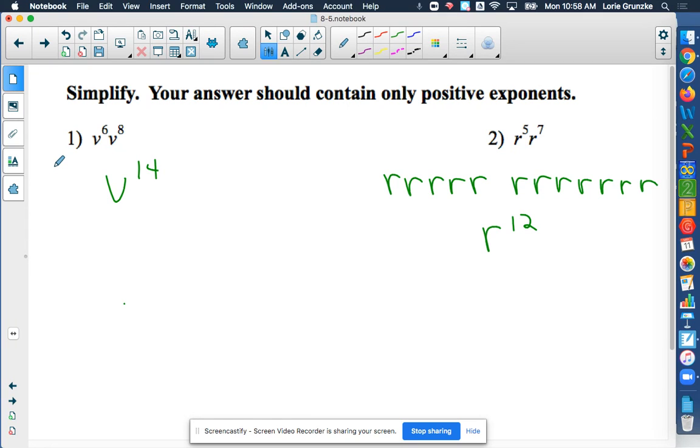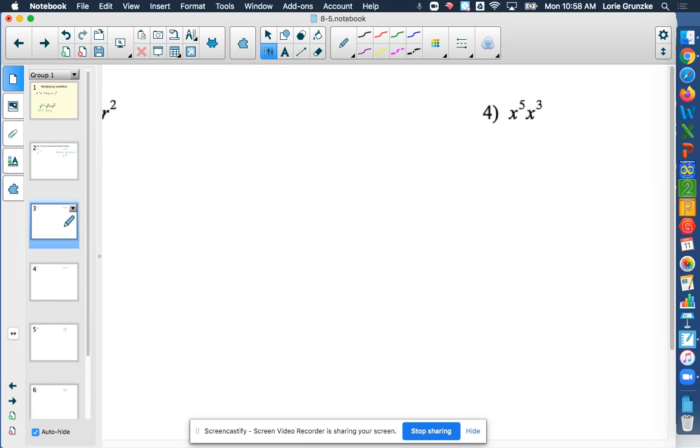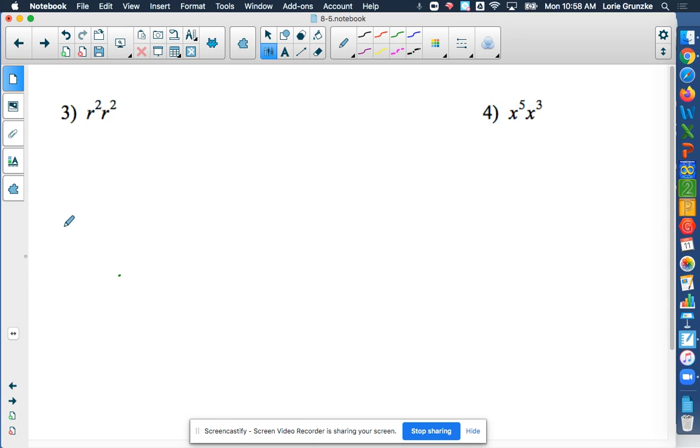Guessing already you're thinking you don't have to see me do all these. But those at the end are a little bit different, so stay with me. R2, R2. 2 plus 2 is 4. X5, X3. 5 plus 3 is x to the 8. R5, R2. 5 plus 2, oh, that's a 7.